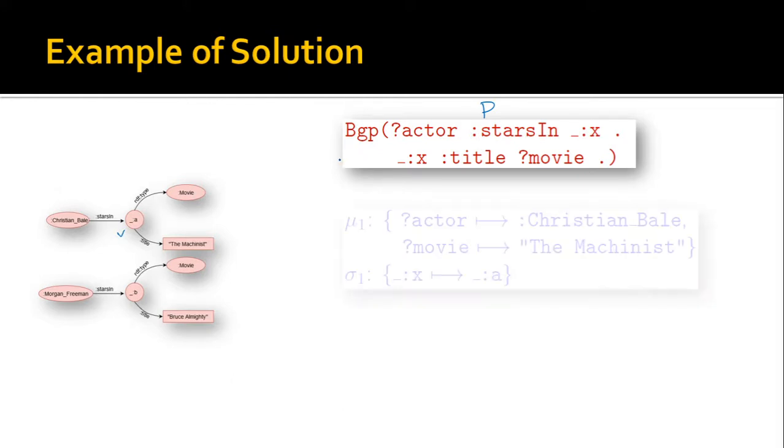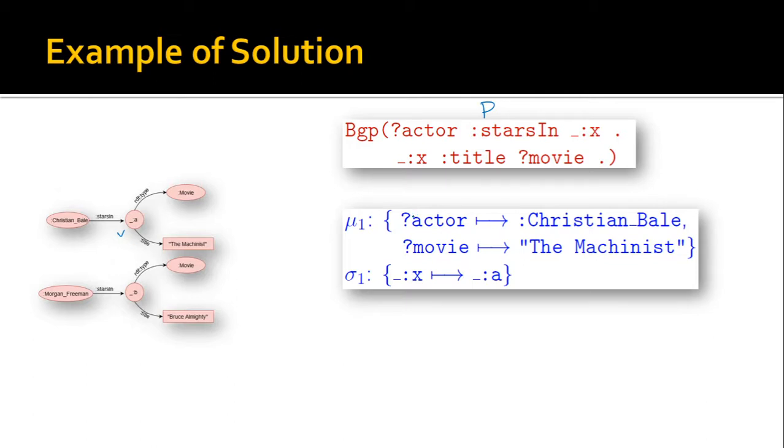Now, what kind of solutions can we have? So this can be one solution, where you instantiate the actor variable with Christian Bale, and the movie variable with The Machinist, right? And we are assigning blank node underscore a to underscore x, right?